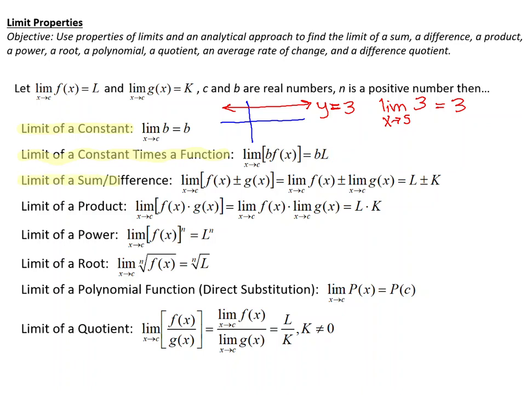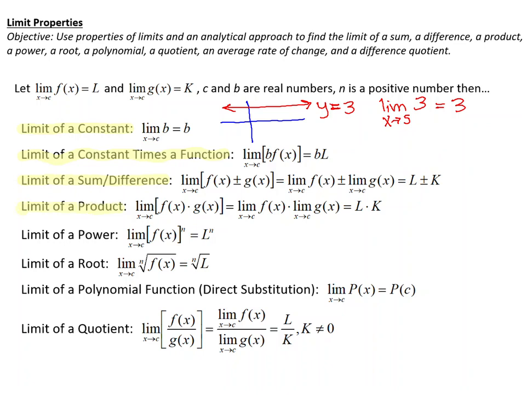The limit of a sum or difference is where we can take the limit of a sum or difference and equate it to the limit of one function plus or minus the limit of the other function. Or in this case, because we defined those limits as L and K, L plus or minus K.